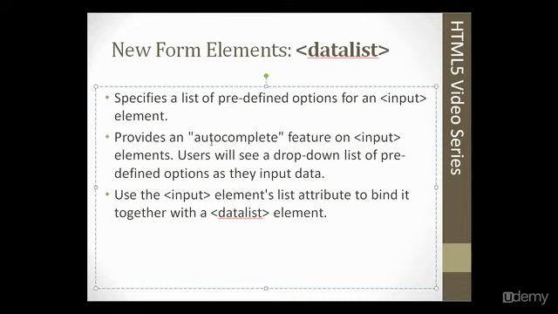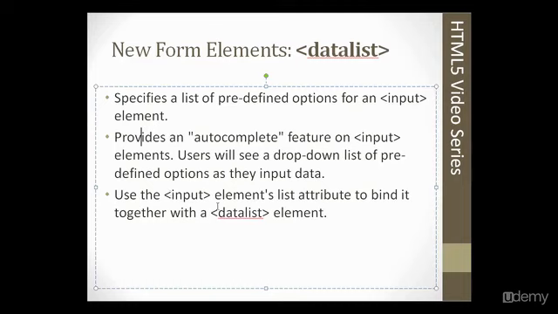Say it was a location input and you typed B. If we had Boston in the list of options, then Boston would pop up and they could select it without having to type the rest. So pretty cool. You use the input element's list attribute to bind it together with the datalist.